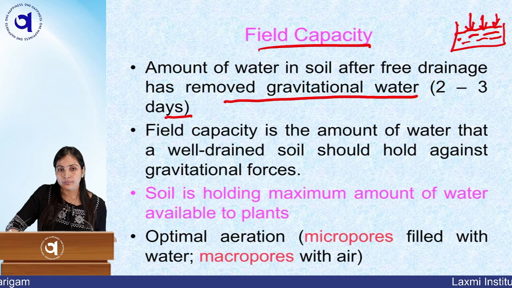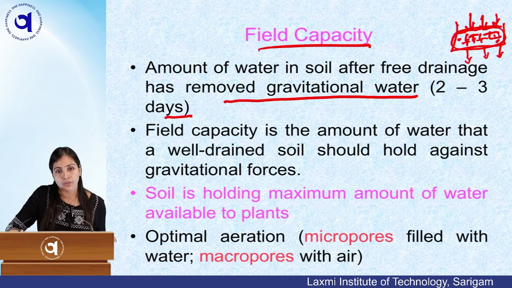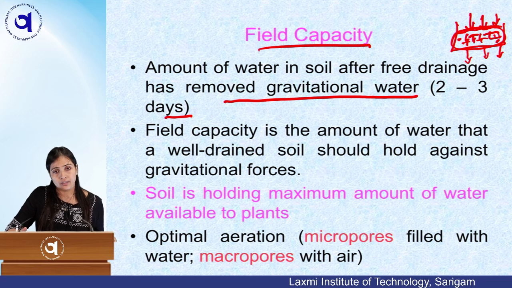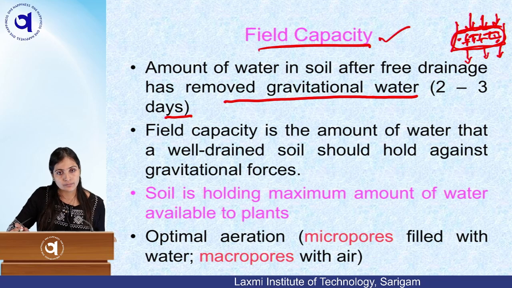What happens is it will try to have adhesive properties with the soil and the extra water will drain into the lower layer. So the amount of water retained by this soil is actually the field capacity of the soil, the maximum amount of water it can retain. That is the capacity of the field. So it is denoted by field capacity, okay.